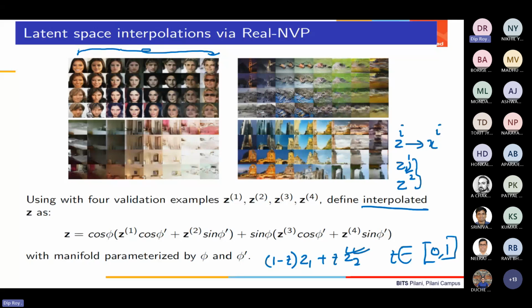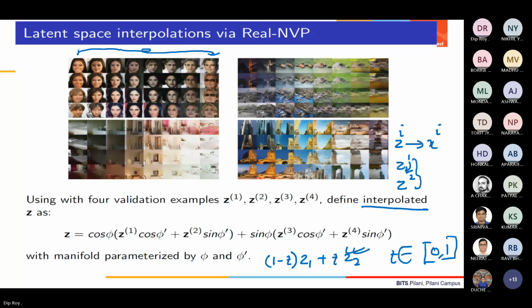It also helps us understand how the model generalizes between examples. And from a creativity standpoint, even with this kind of deterministic model, with interpolation you can generate new faces, new images, and so on.